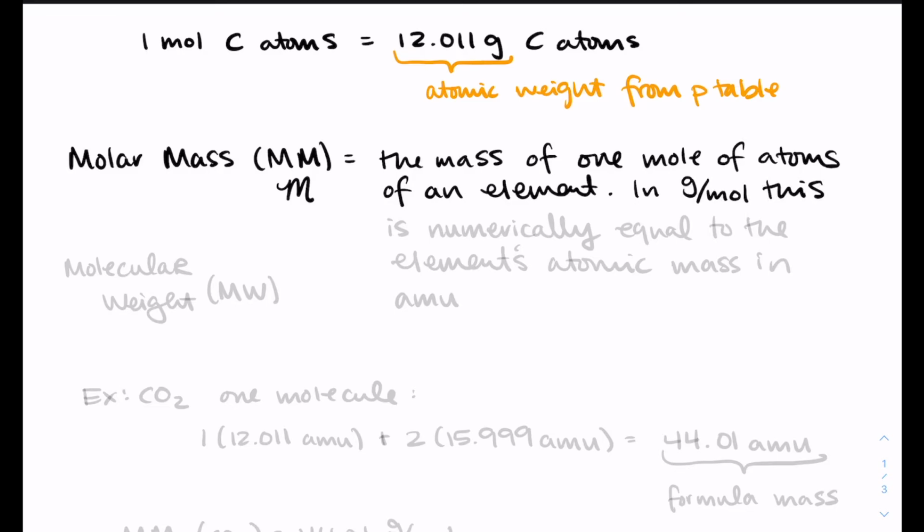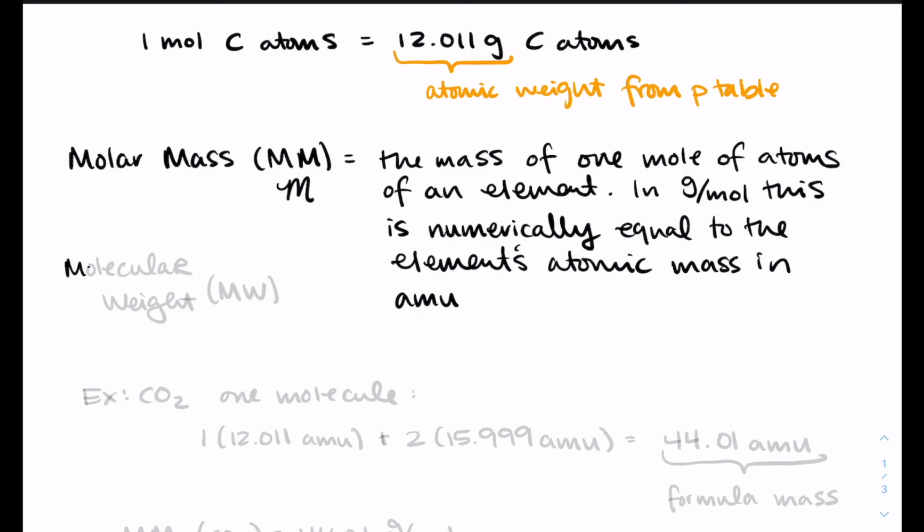So that means when we look at the periodic table, technically the 12.011 that we see for carbon is the atomic weight in atomic mass units that is the weighted average of the naturally abundant isotopes. However, that also scales, and you have a molar mass of carbon atoms of 12.011 grams per mole.